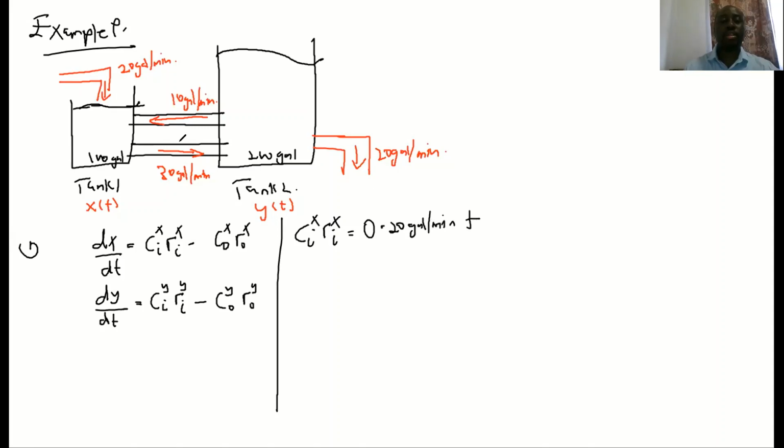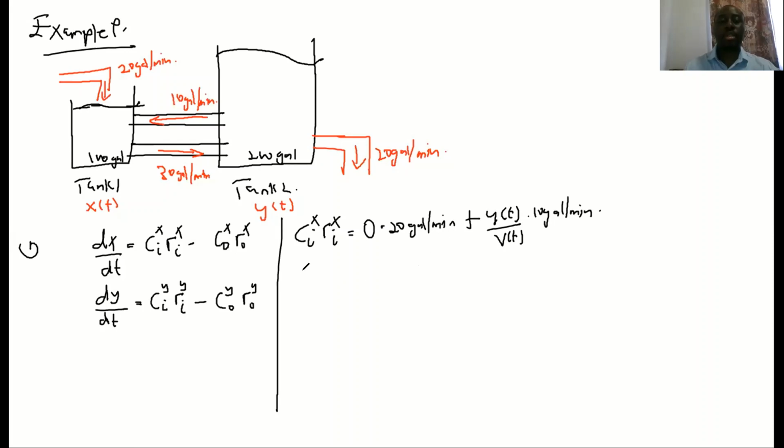And then in addition, there's brine coming from tank 2, and that is coming at a concentration of the amount of salt in tank 2 divided by the volume of brine, times the rate of 10 gallons per minute. So this is the total amount of salt that is coming into tank 1.